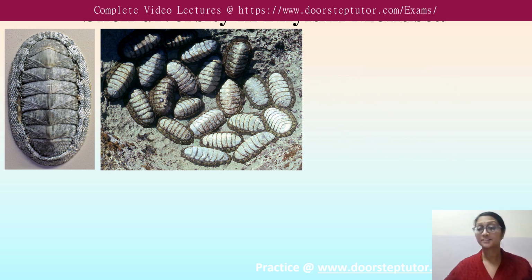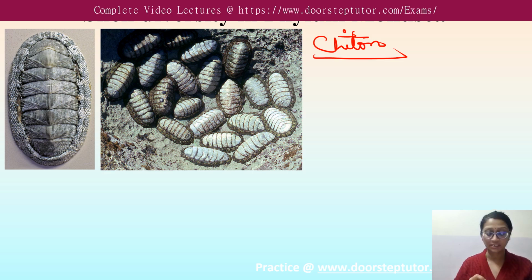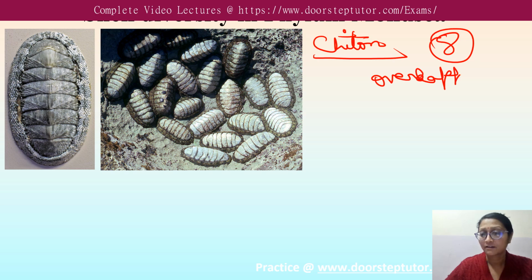Now coming to the first animal, which is known as the chiton. You have to underline these scientific names, or when you are typing, you have to make them italics. In this chiton, there are 8 overlapping shells.